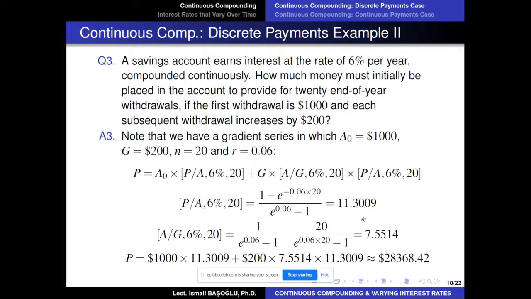So these two formulas are evaluated as approximately 7.30 and 7.55.